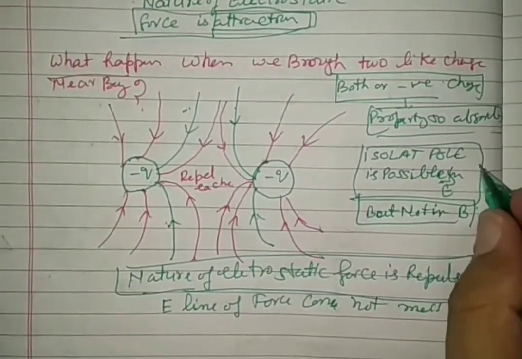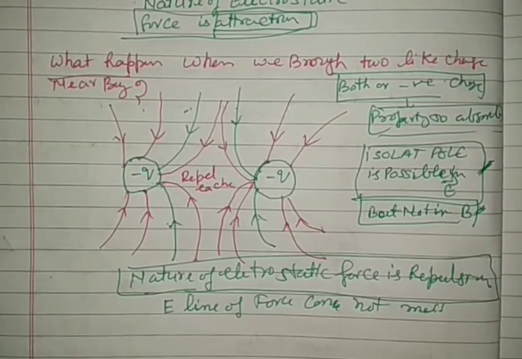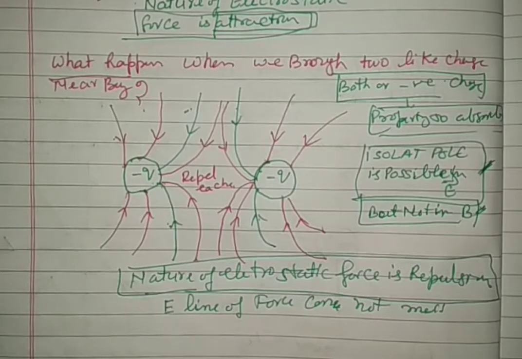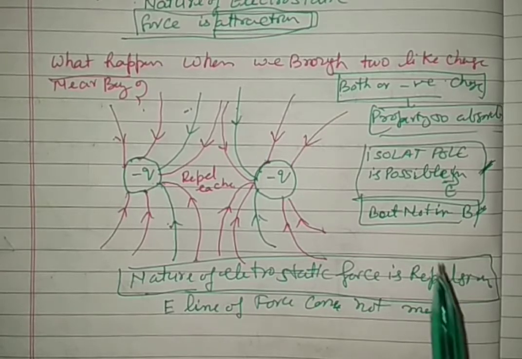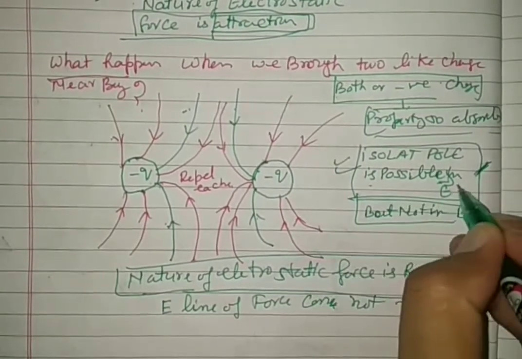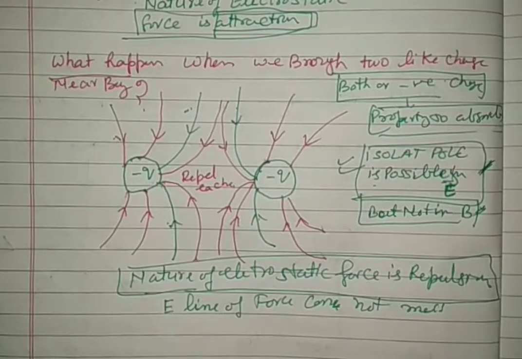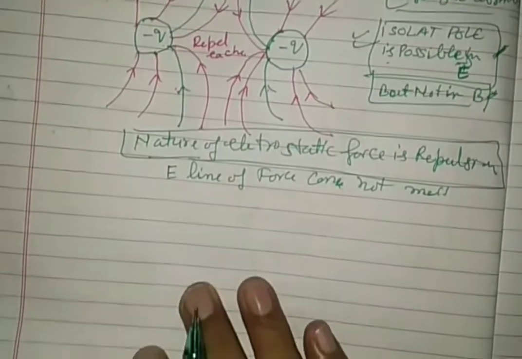So remember these two lines; we will discuss them in detail when we move to the magnetic chapter and compare electric and magnetic fields there. What are the similarities and differences, we will see. But one thing is very important: an isolated pole is possible in E, where E means electric field.